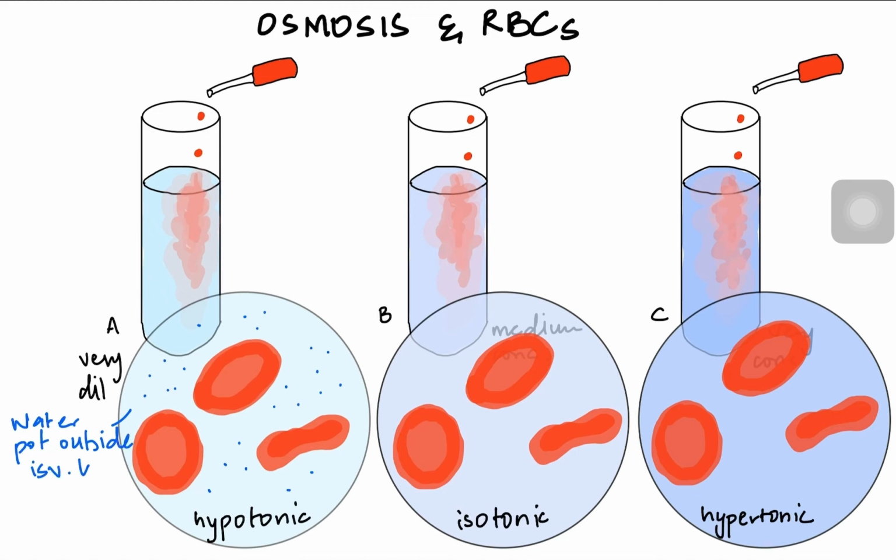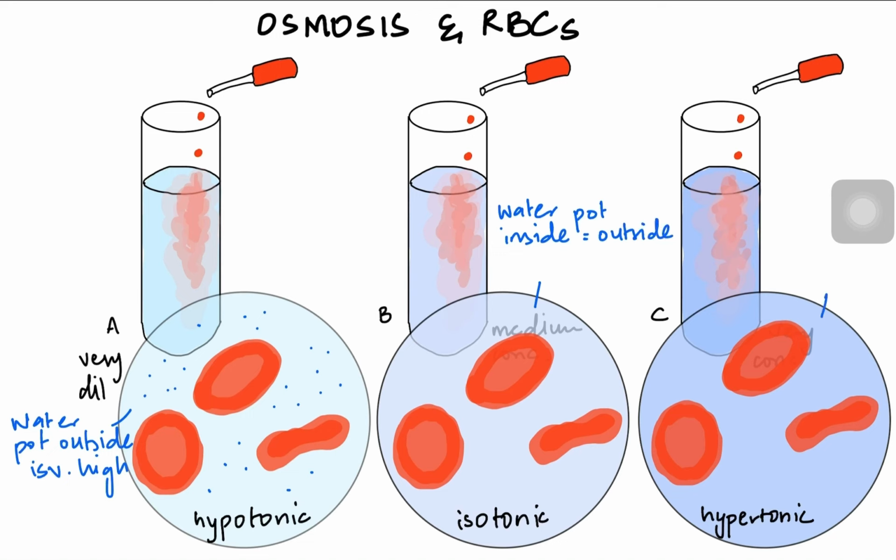So water potential outside, which means the water potential in the test tube, is very high. In the isotonic one, the water potential outside, which means the water potential in the test tube, is equal to the water potential inside.